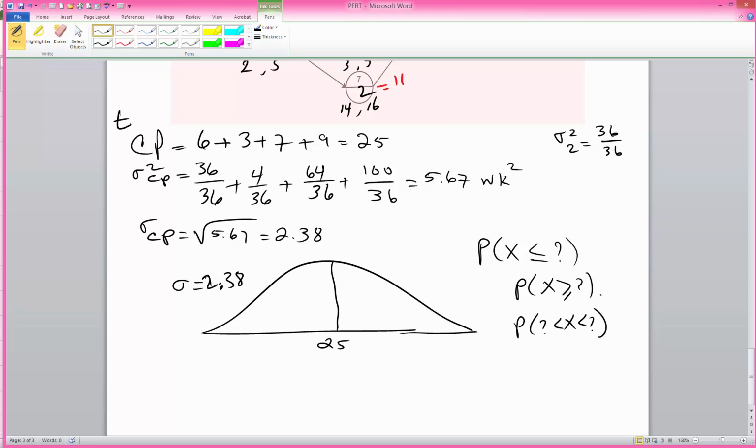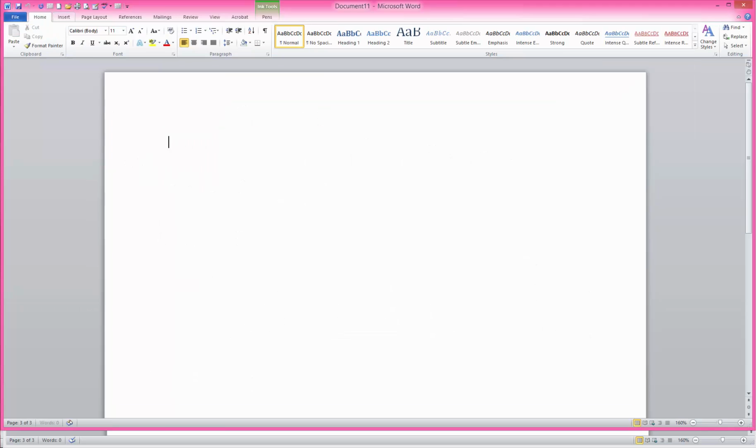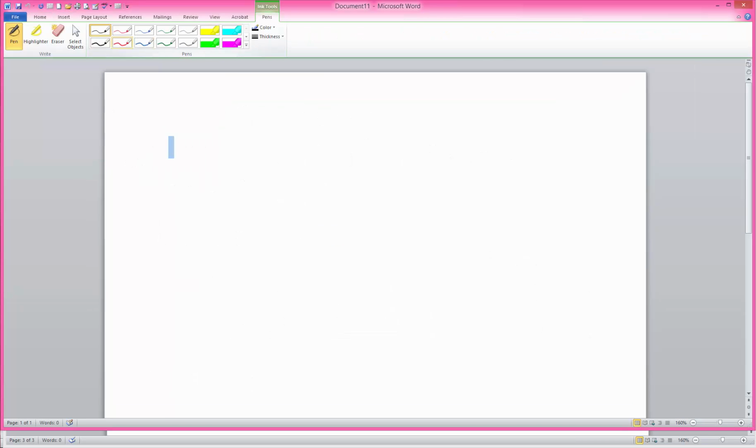So let's compute the probability that project time is going to be less than or equal to 30 weeks for this project. I will go ahead and use a fresh page.